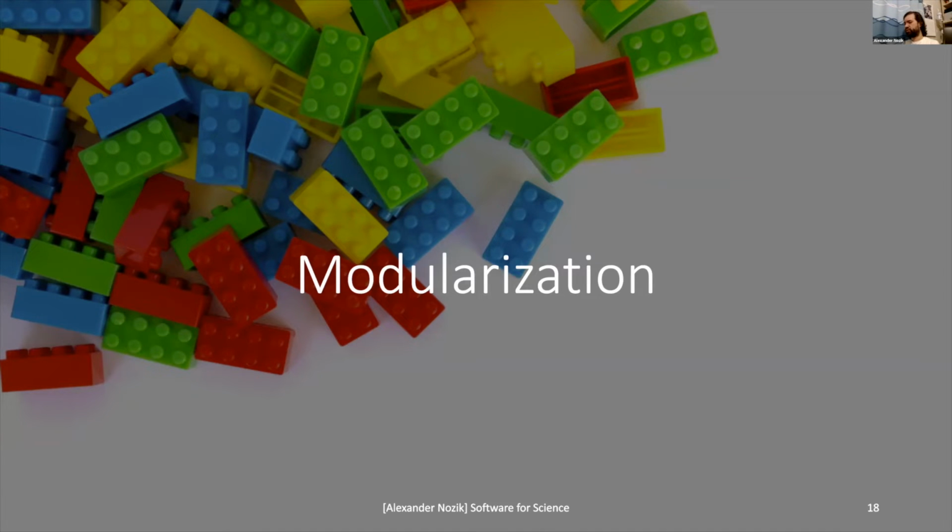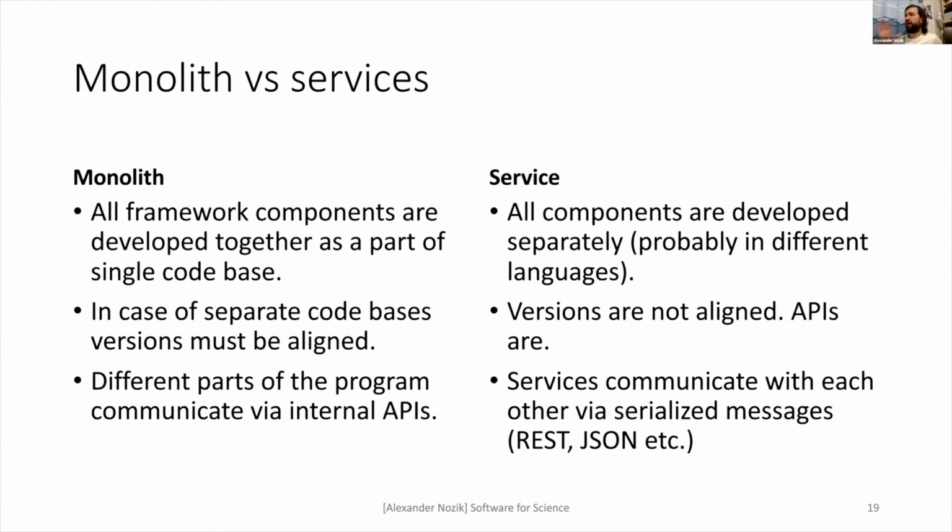Of course, if we are not talking about C++, because in C++ modularization is very hard to do. So we have two different types of architecture we can work with, and the terms here are used not very strictly, but in a broader way.